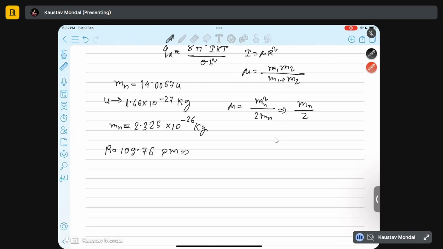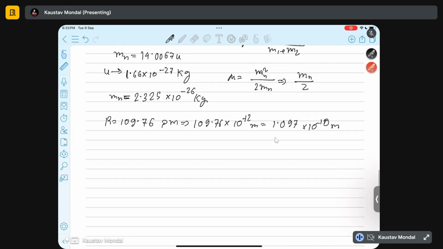Now, as we are dealing with SI units, you have to convert the unit from picometer to meter, right? One picometer is basically 10 to the minus 12 meters. So 109.76 into 10 to the minus 12 meter, so 1.097 into 10 to the minus 10 meter. Okay, this is the bond length.